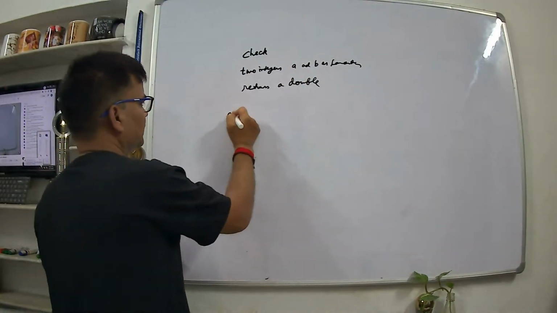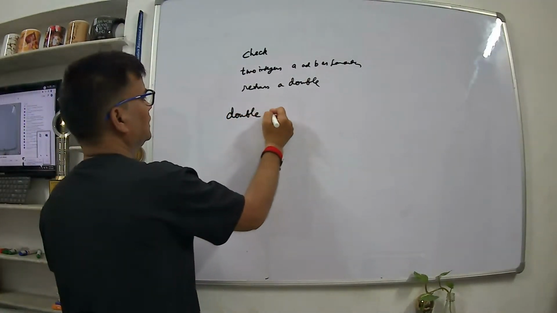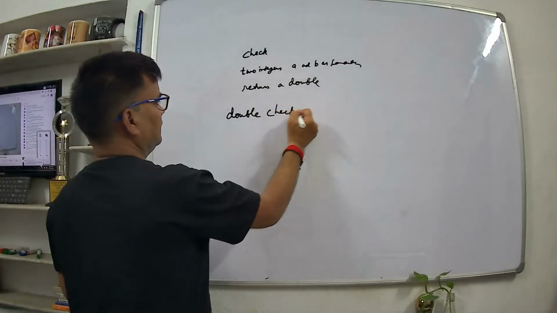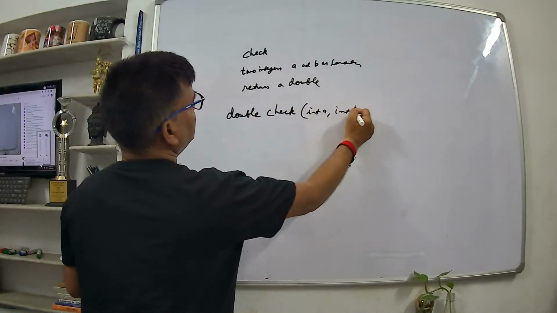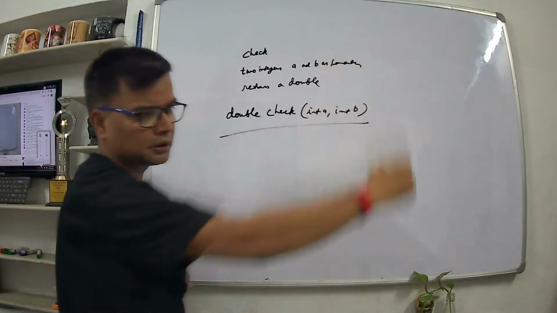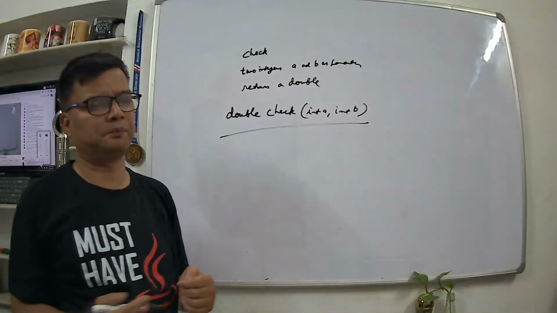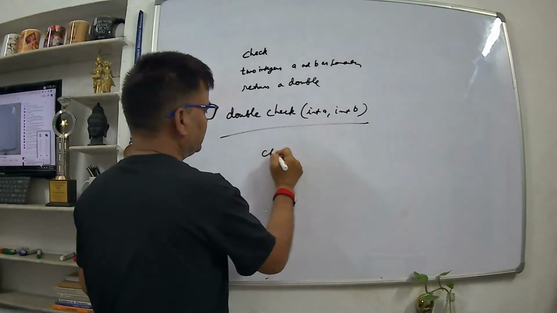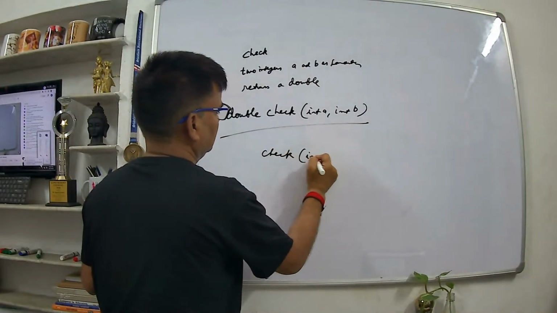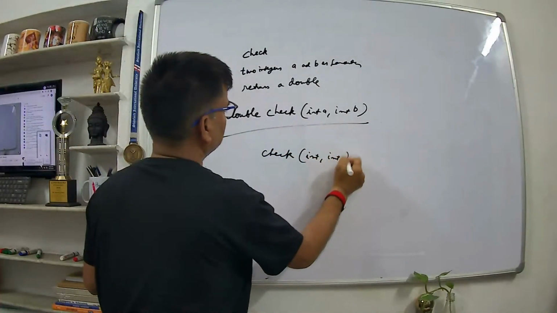So what will be done? double check(int a, int b). Right? So this is prototype. And at the same time you talk about signature. So check(int, int).